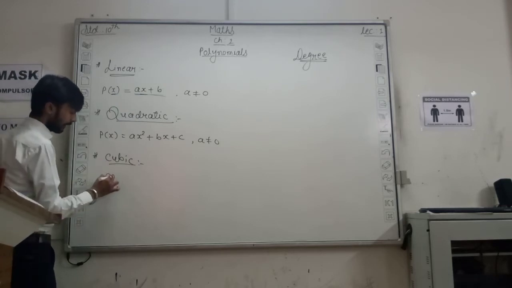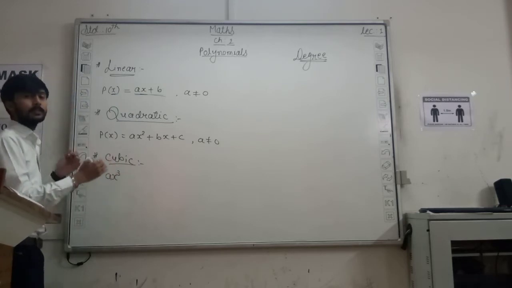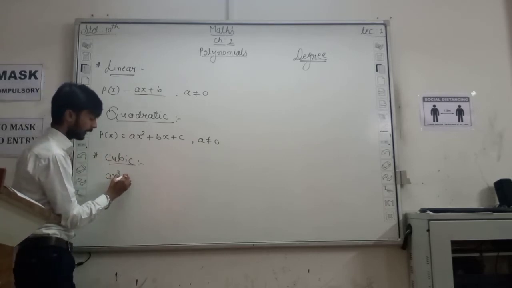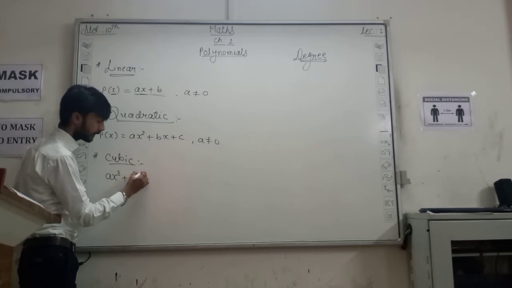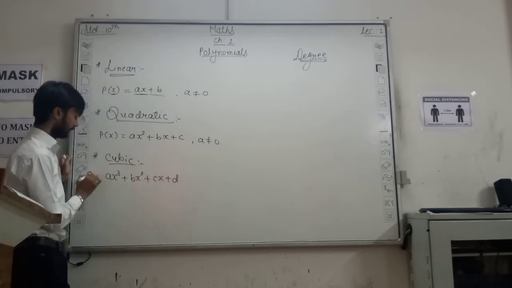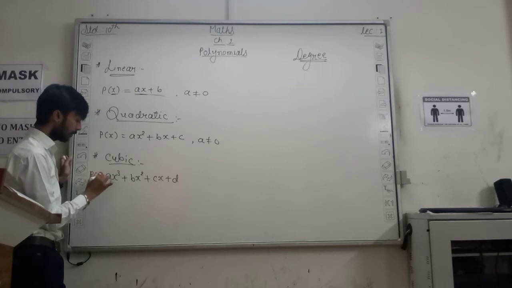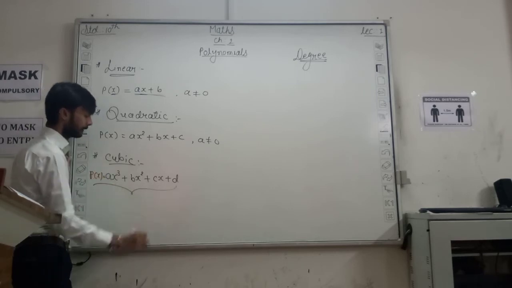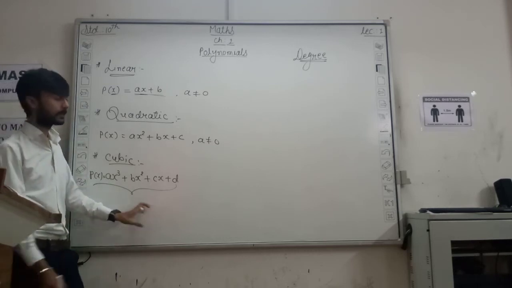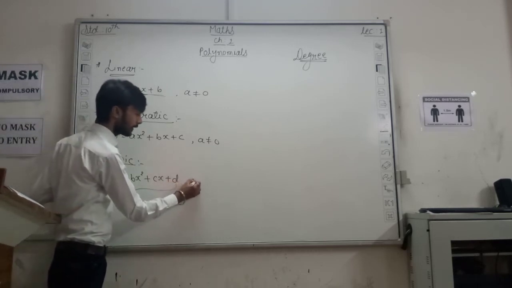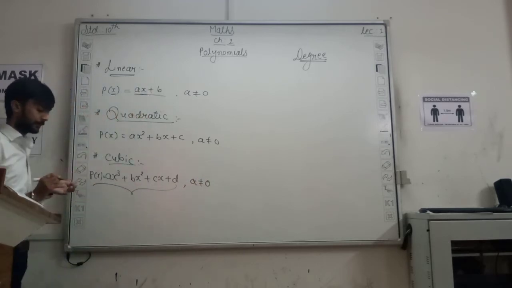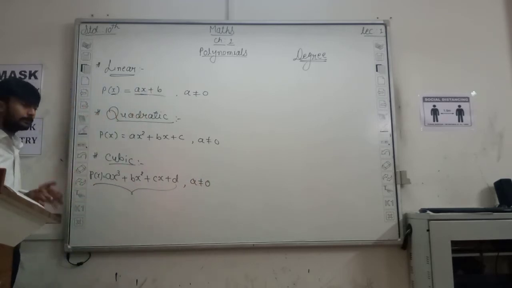So ax cube, after that the power keeps decreasing by one each time. So ax cube plus bx square plus cx plus d. So the general form of a cubic polynomial is ax cube plus bx square plus cx plus d, with the same condition that a can never be 0, and a, b, c and d are integers, okay?